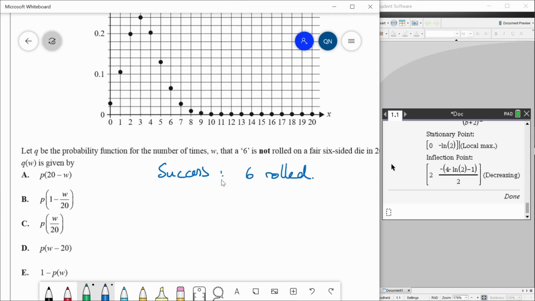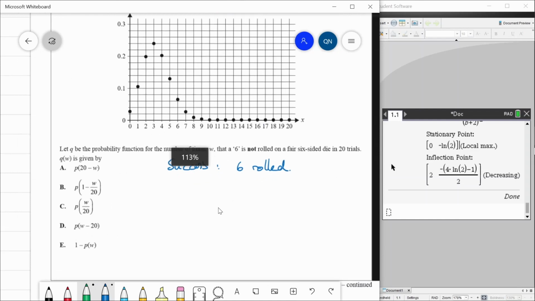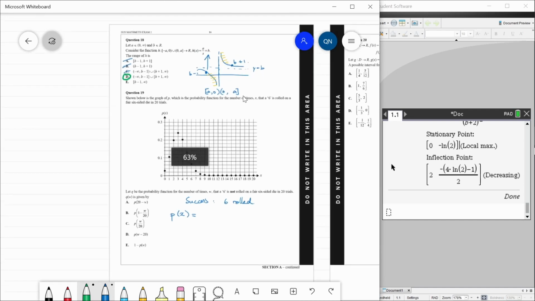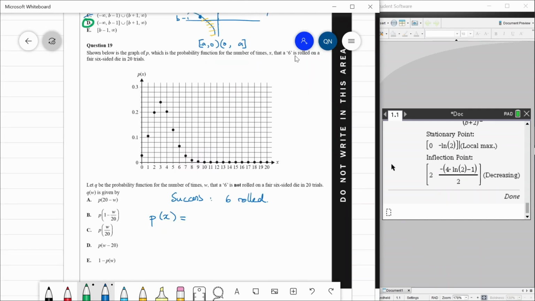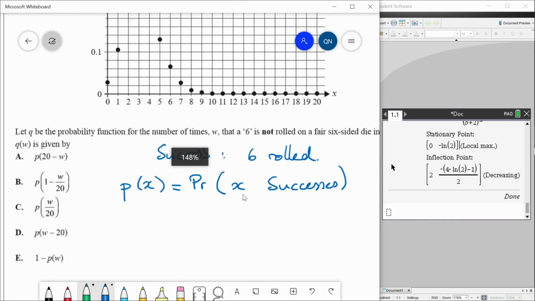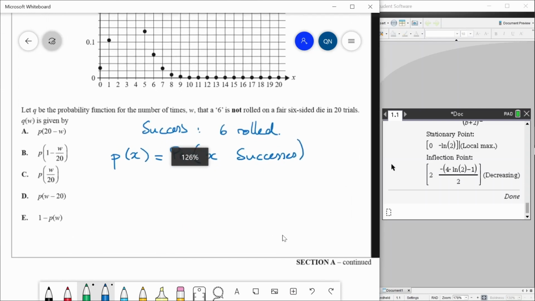Right, so first of all, let's think about what the function P is doing. So what on earth is P of X? P of X is the probability that we get X 6's rolled in 20 trials, or in other words, it's the probability that we get X successes. And what is Q of W?